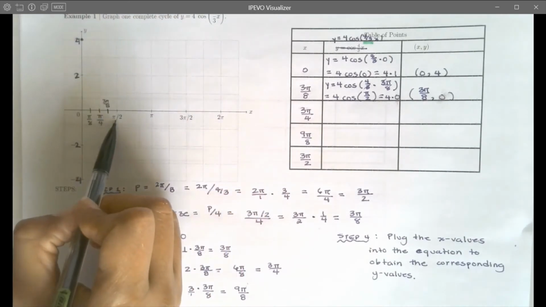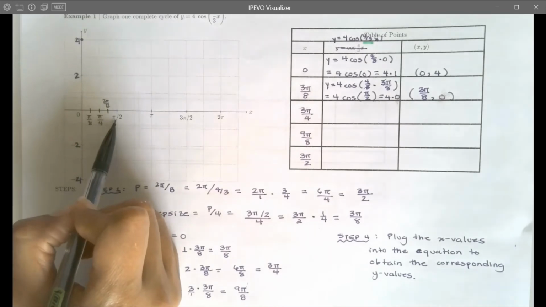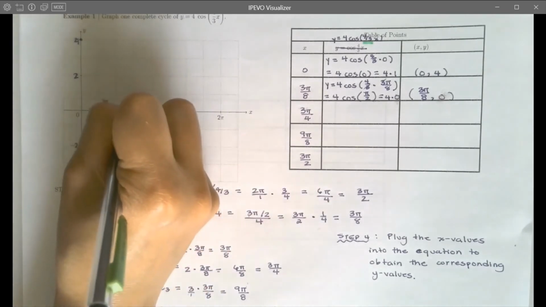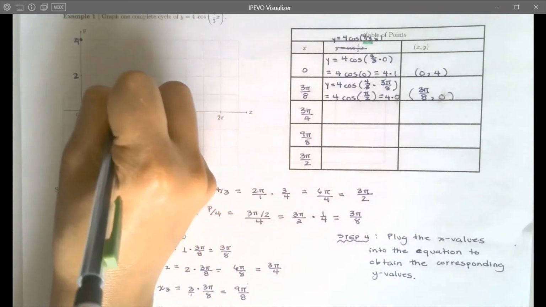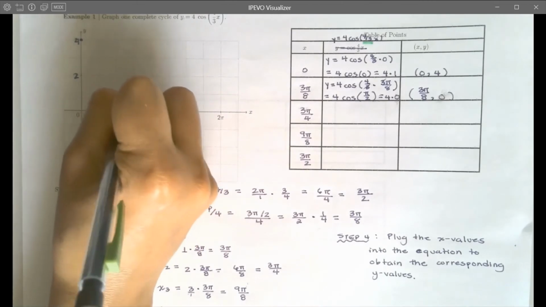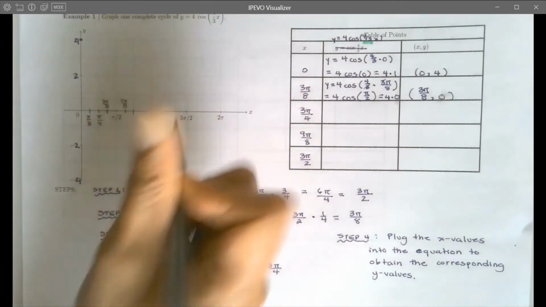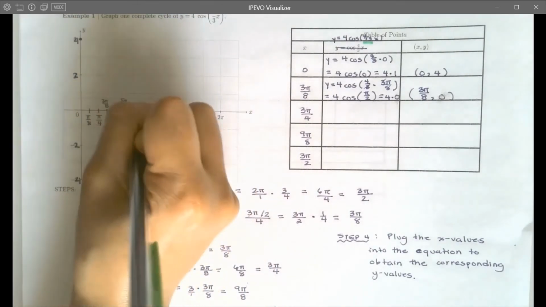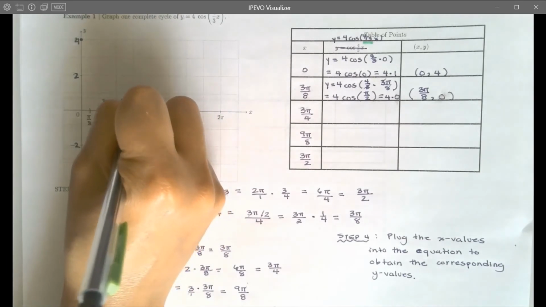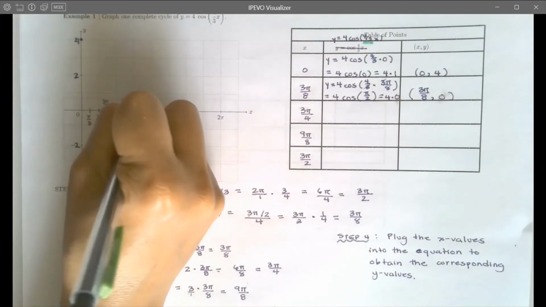Next would be 4 pi over 8, but it reduces down to pi over 2. That means this would be 5 pi over 8, followed by 6 pi over 8, which reduces down to 3 pi over 4.